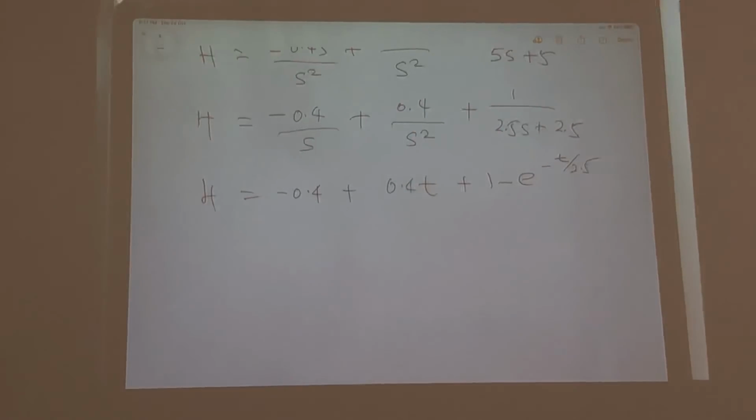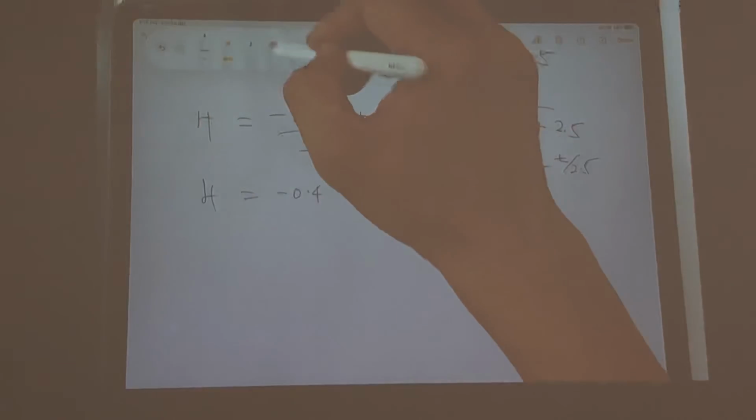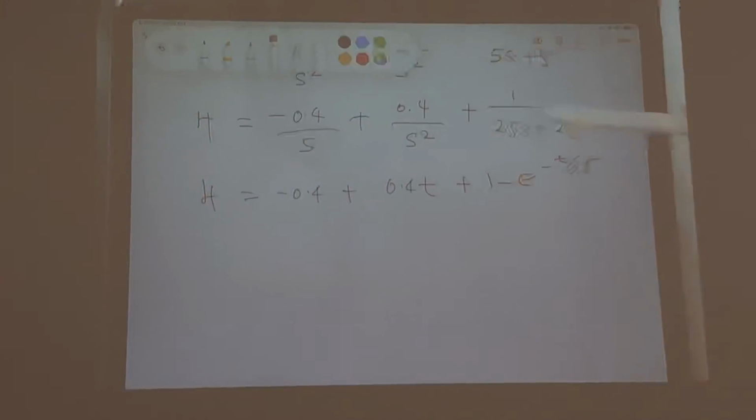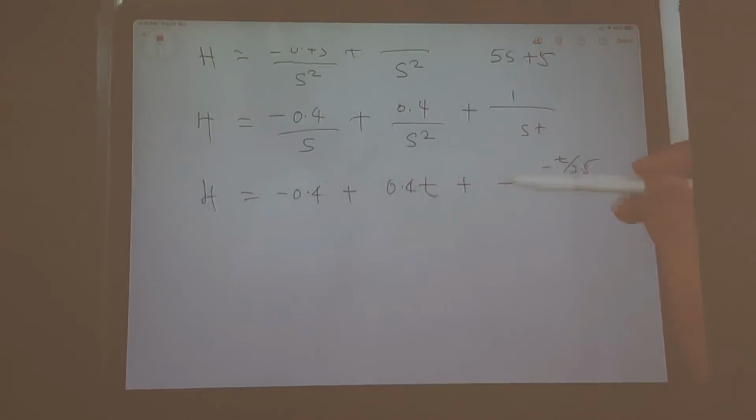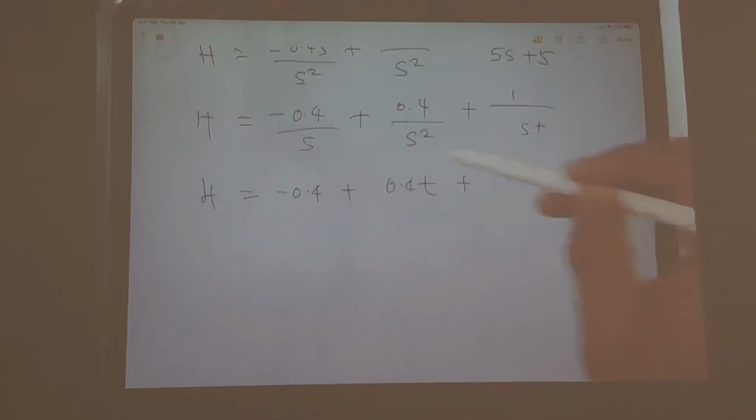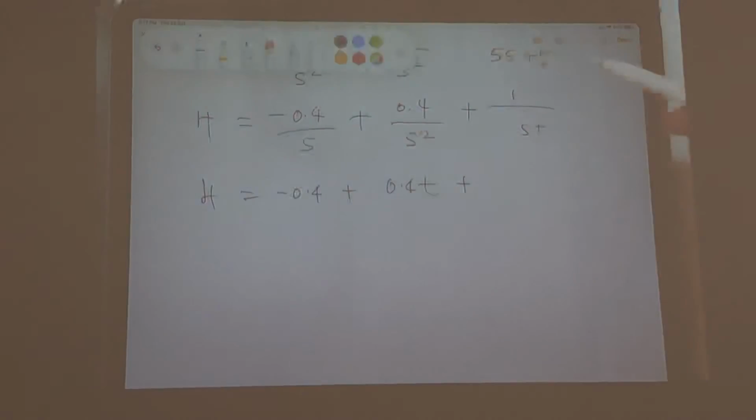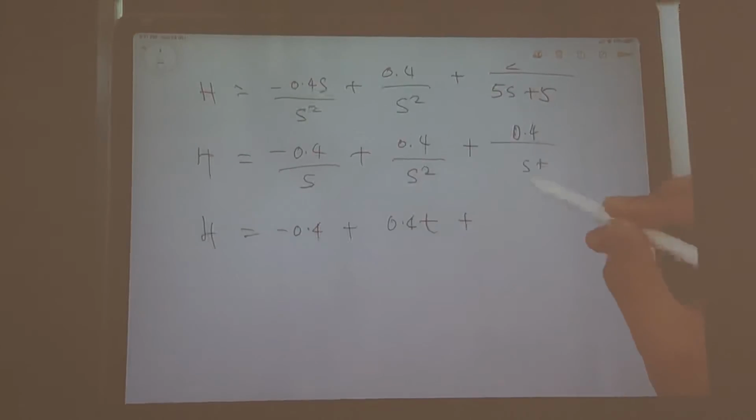No, actually it's divided by 5. Sorry. It's divided by 5. So 1 divided by 5 is 0.4. I got s plus b. b is 1.